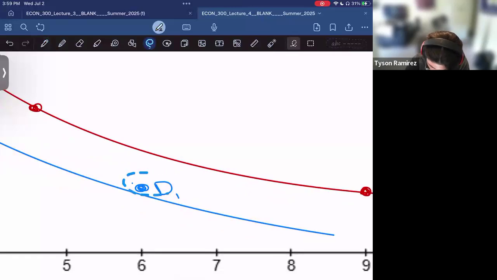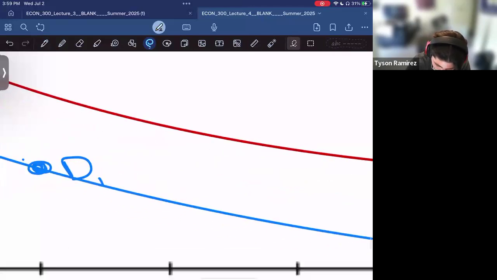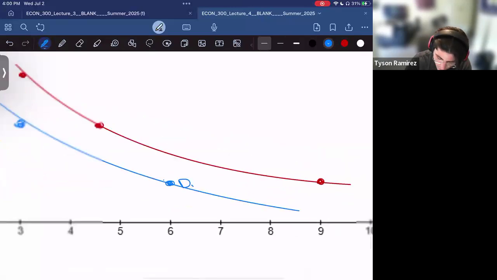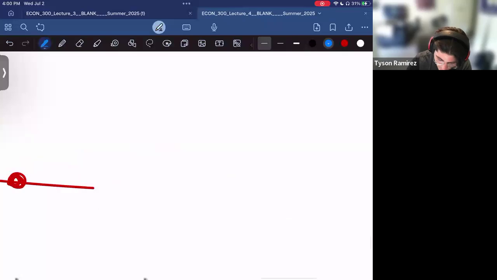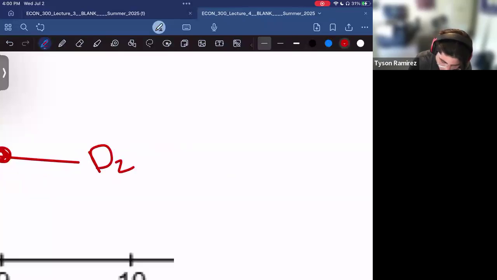If you did it with the graphing calculator, then we don't have to worry about any of this. I'm just taking a little extra care because I want you guys to see the example clearly. So the blue one was D1, and then this is D2.